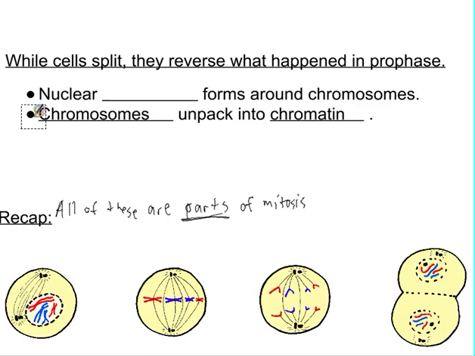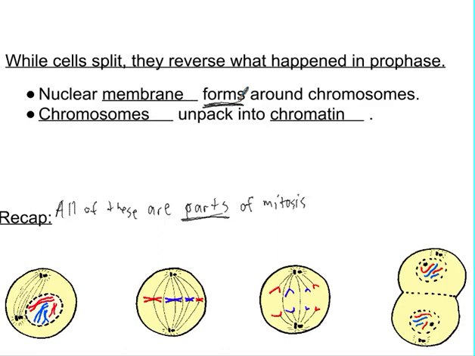So what's going to happen in telophase? It comes back. The nuclear membrane forms around the chromosomes instead of going away. And then, because the membrane's back and the DNA is unraveled, it could wind up again. But first, it's going to do whatever it's made to do. If it's a muscle cell, it's going to do its muscle cell thing. Okay?